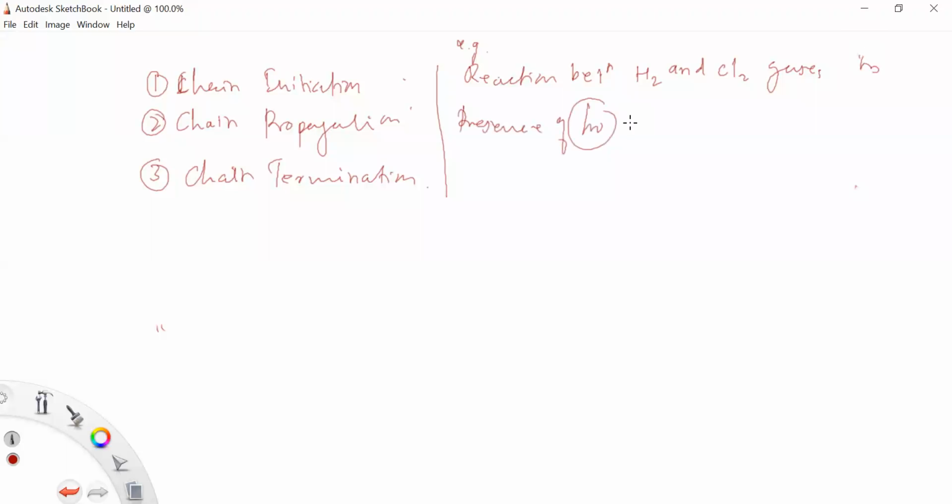H nu is the sunlight, that is, in the presence of light or sunlight. So this is an example here, and we understand the chain reaction with this suitable example. And what is the mechanism of this primary process? That is the chain initiation, chain propagation, and chain termination reactions.